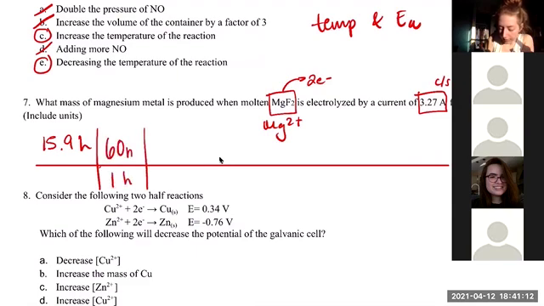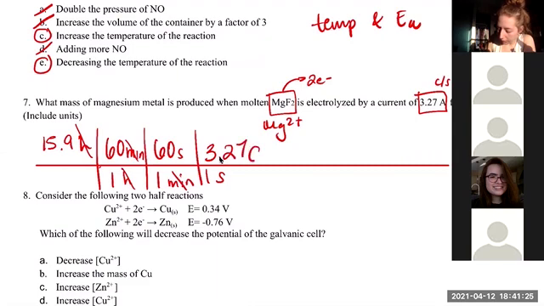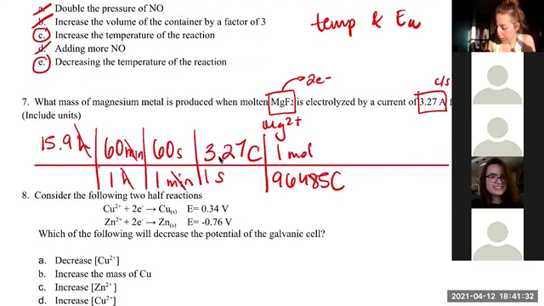Letting the units guide you as you go. So cross off those hours. In 1 minute, there are 60 seconds. And in 1 second, we have 3.27 coulombs and 96485 coulombs per 1 mole of electron. That's Faraday's constant here.